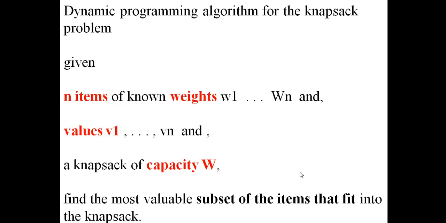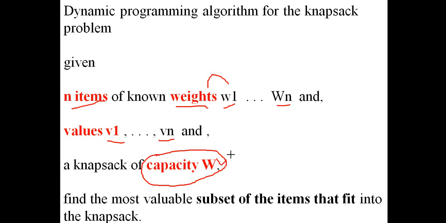Dynamic programming algorithm for the knapsack problem: given n items of known weights W1, W2, W3 and so on, and values V1, V2, V3 up to Vn, and always they give the capacity of the knapsack, which is represented by W. This is the capacity and this one is for weight.